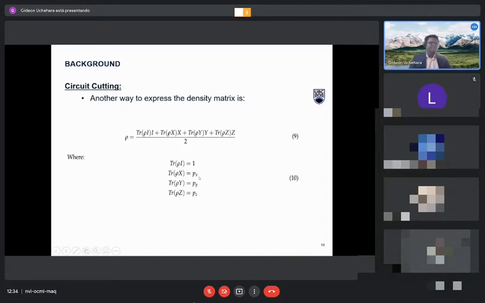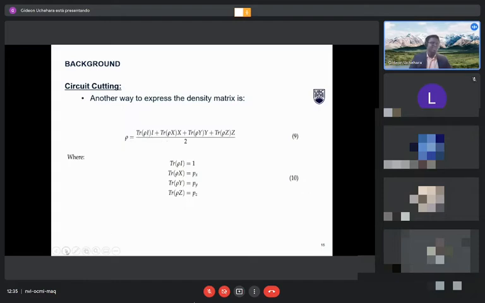So you can see the connection between the expectation value on the Bloch sphere and the density matrix. The trace operation is related to the expectation value of the different Pauli observables for this given density matrix.